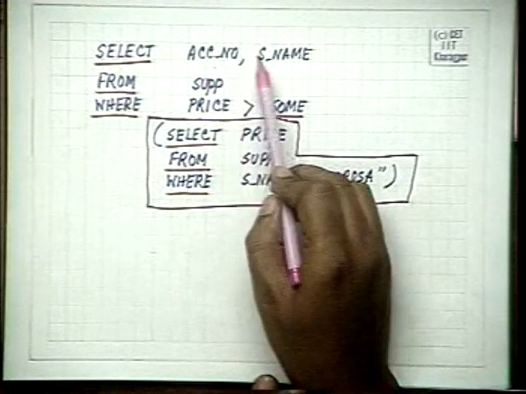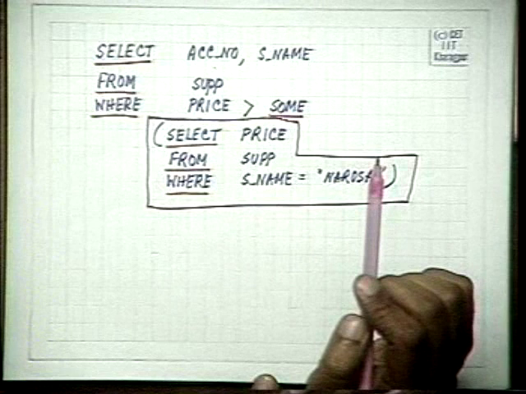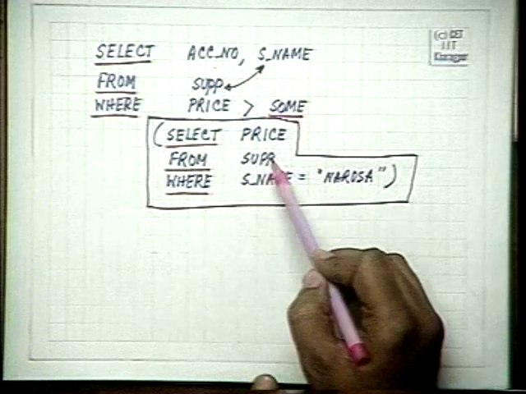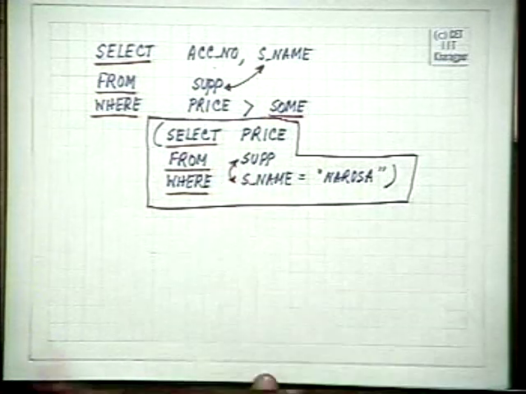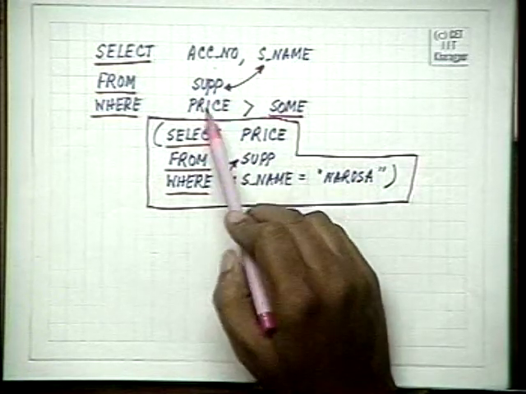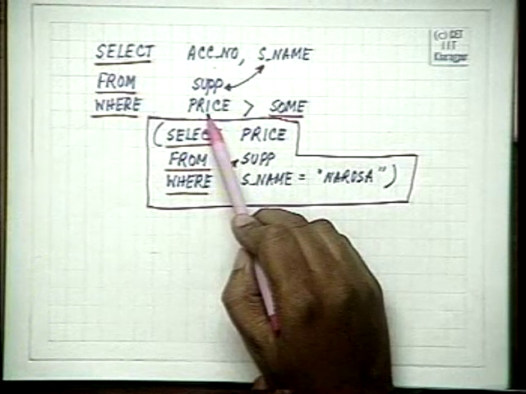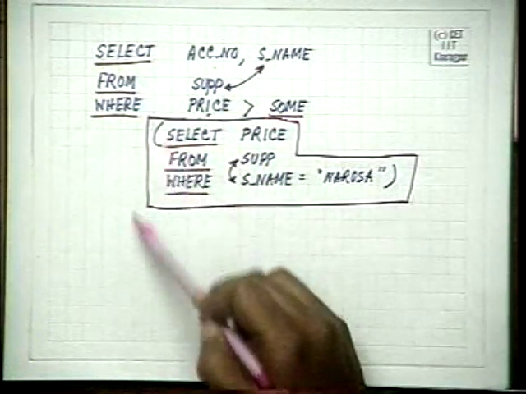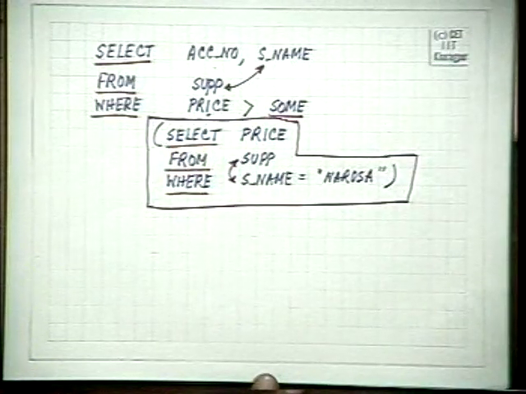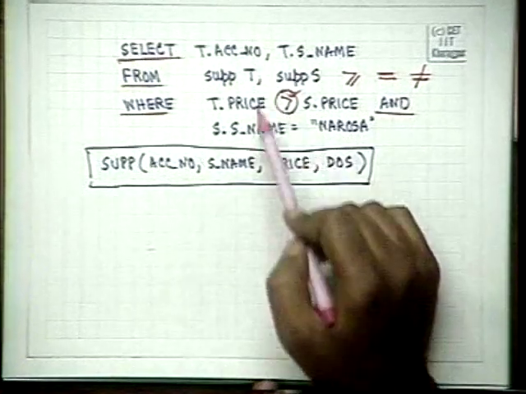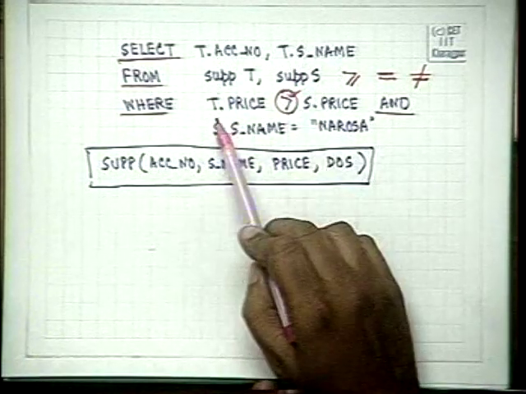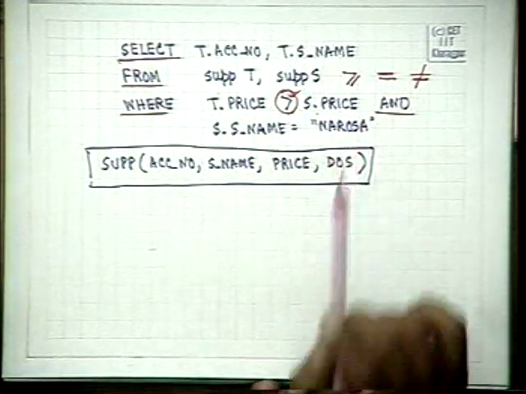And I want the accession number and S name of sub. Now this S name is related to this sub, and this S name is related to this sub. I want the accession number and S name of the supplier from the sub relation such that the price is greater than some element here, which is equivalent to the previous query which we had, namely this: accession number, S name, sub T, sub S, price is greater than S.price, and S name is equal to Narosa.